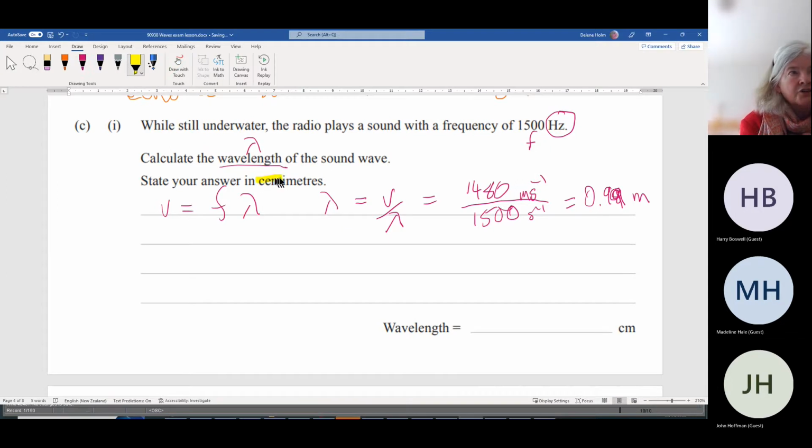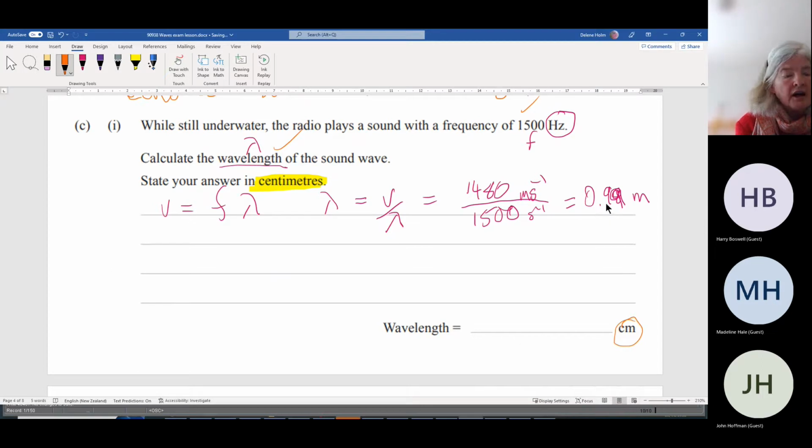Hopefully it says state your answer in centimeters. So whenever you've answered something, go back to the question and go, right, I've calculated the wavelength. Oh, I didn't put it in centimeters. I need to do it again. And they actually even help you. Although I have found a lot of students just simply put whatever number they had there and they don't actually see the units.